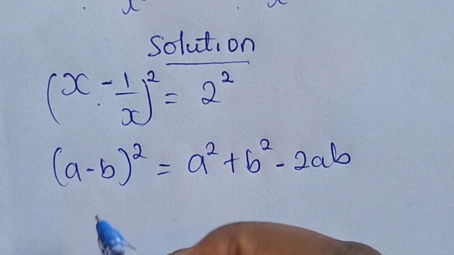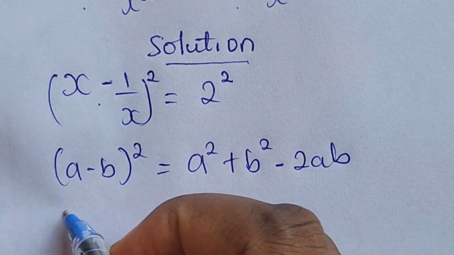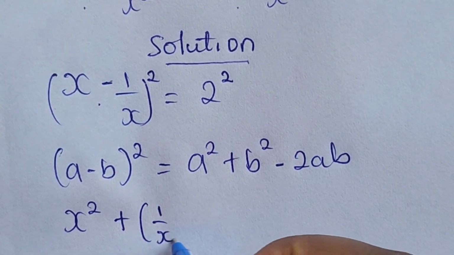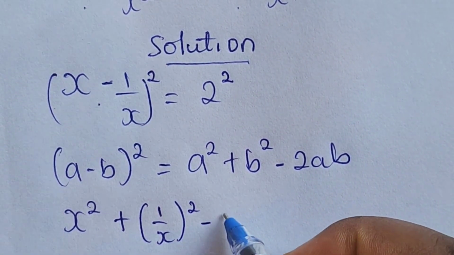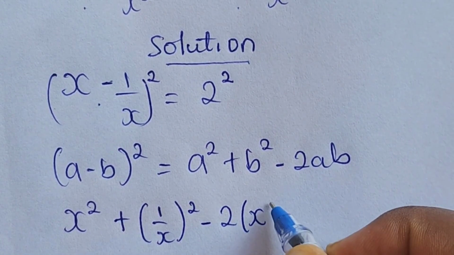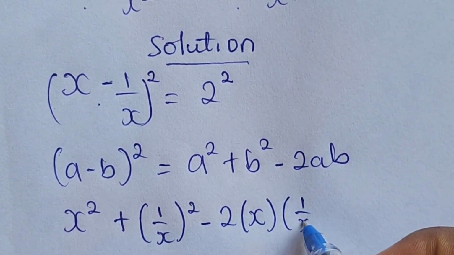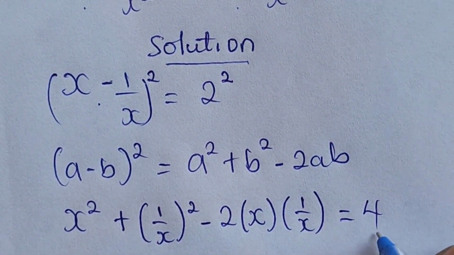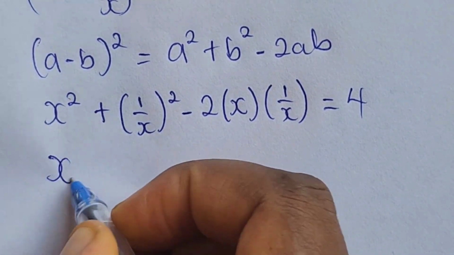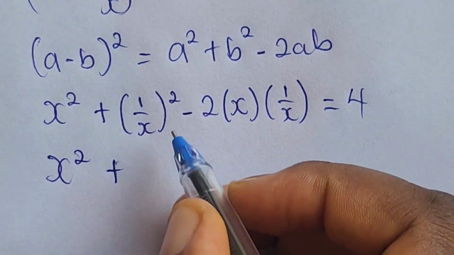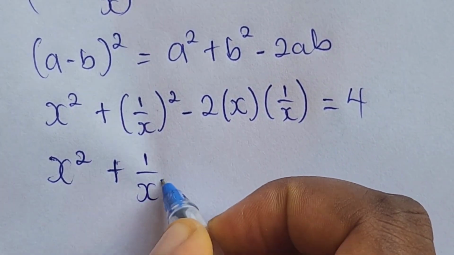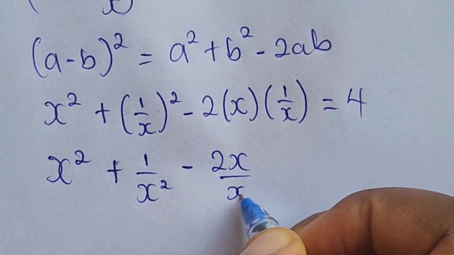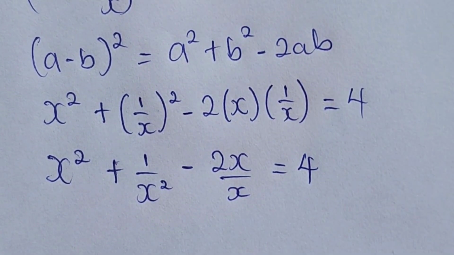Our left hand side becomes x squared plus 1 over x to the power of 2 minus 2 times x times 1 over x, equal to 2 to the power of 2. We have 4. So we have x squared plus 1 over x squared minus 2x over x is equal to 4.